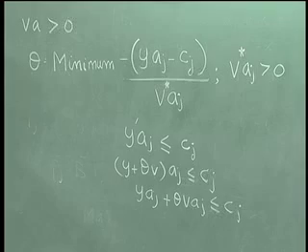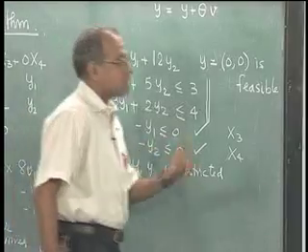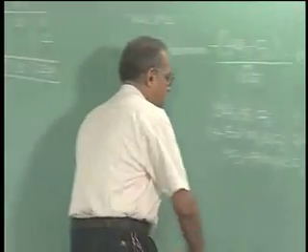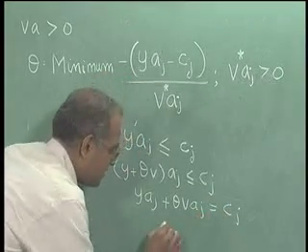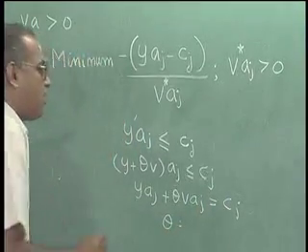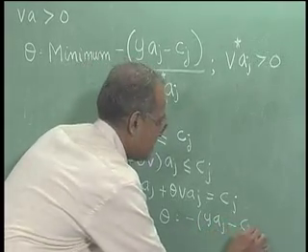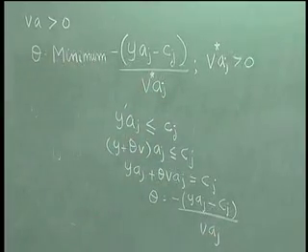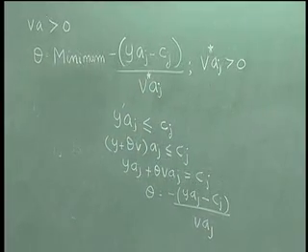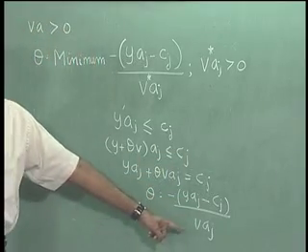Now, we want finally to be an equation, so that one of these, as we said, will become an equation. So, for one of them to become an equation, just quickly change this inequality to an equation, and therefore theta will be of the form minus (yA_j minus c_j) by v star A_j, which is the same as (c_j minus yA_j) by vA_j.